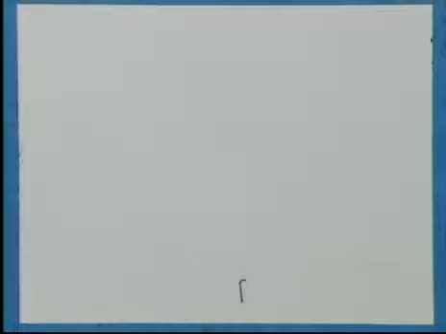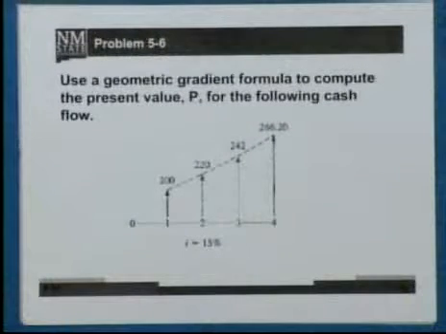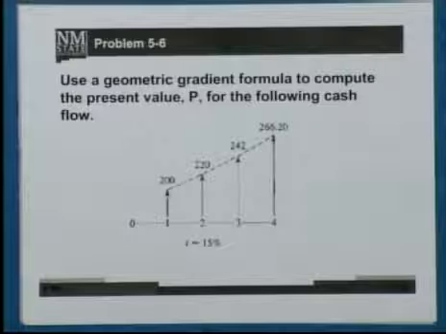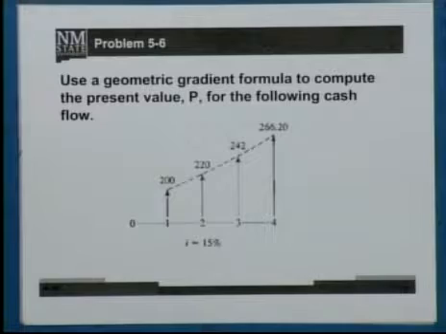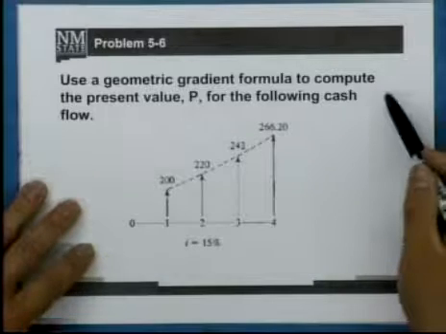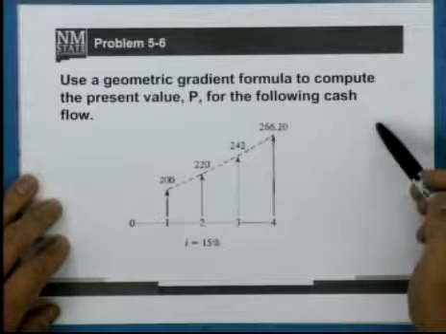Okay, now let's solve problem 5-6. Use a geometric gradient formula to compute the present value P for this cash flow.